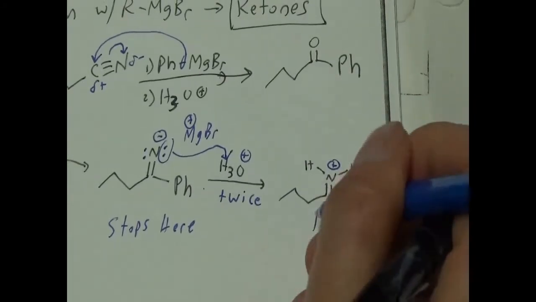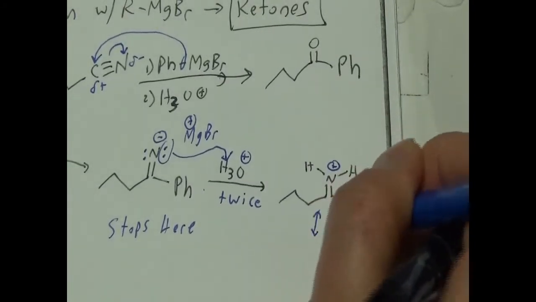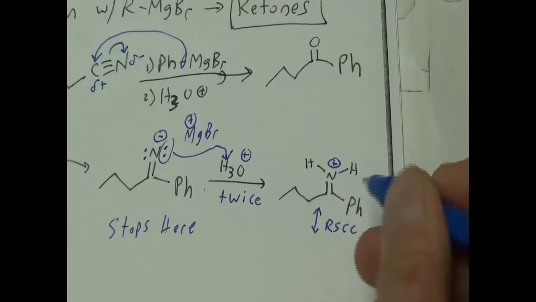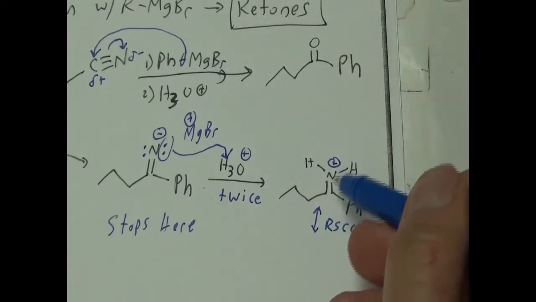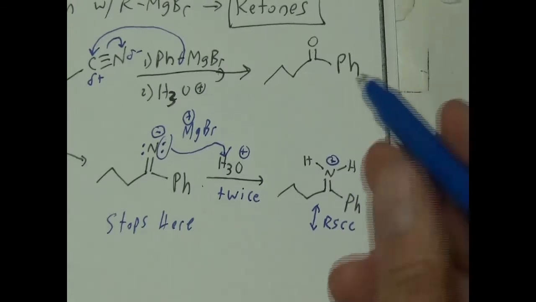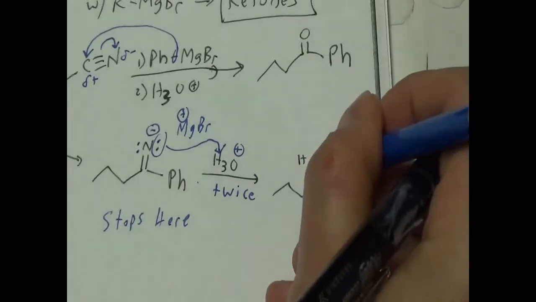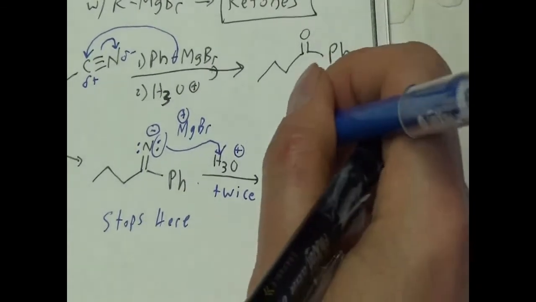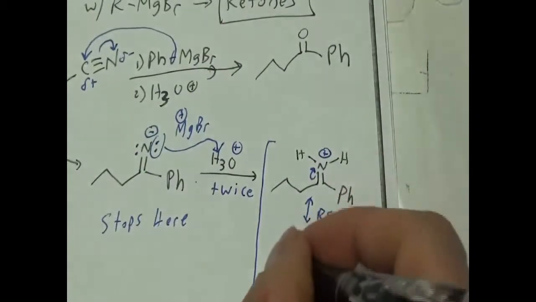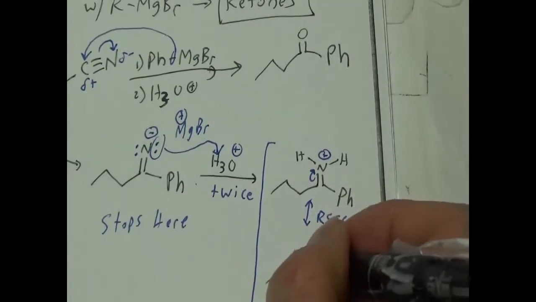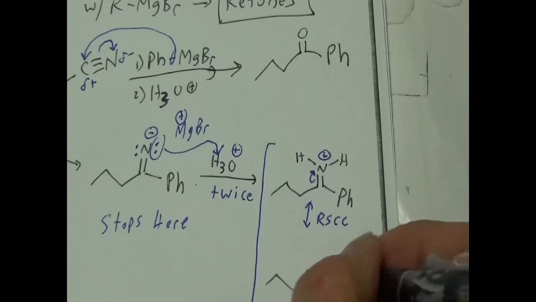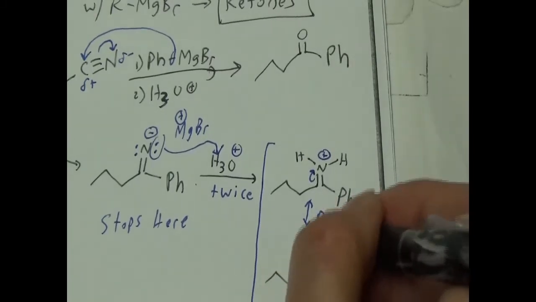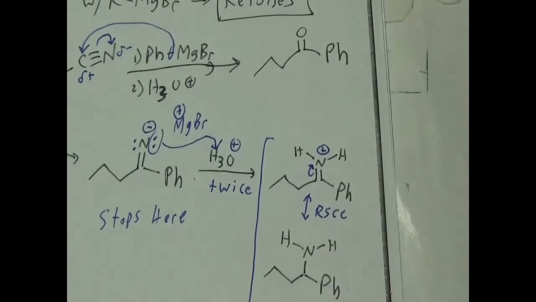Okay, this is an RSCC, right? We have a double bond to nitrogen with a plus charge. You can push the electrons up onto the nitrogen now. Now where's the charge?